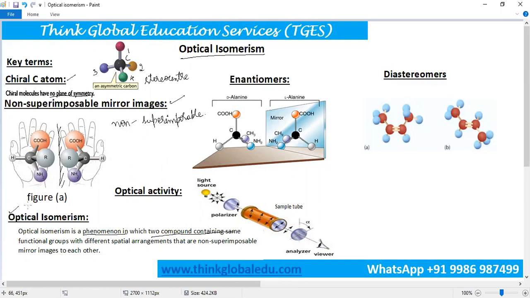So consider a figure A in which there are two compounds which have the same functional groups but attached in a different manner, and these are not superimposable but mirror images.